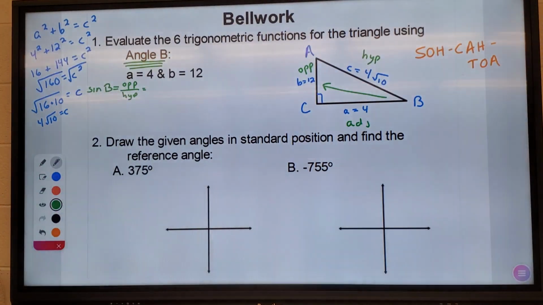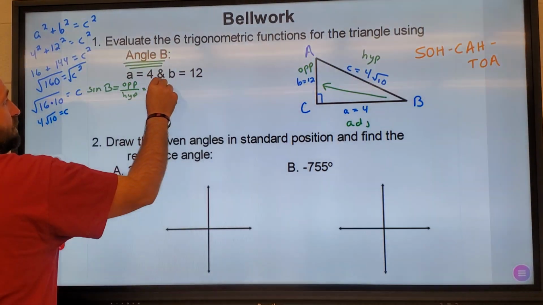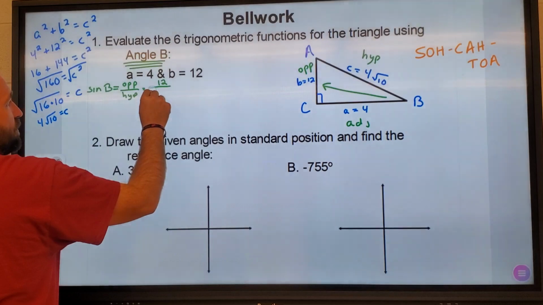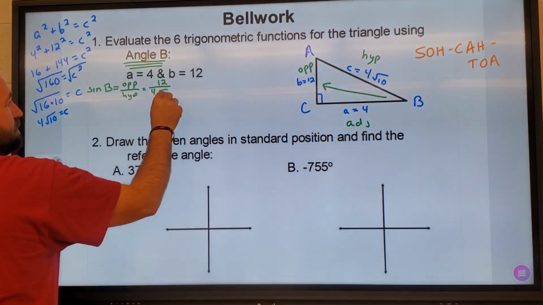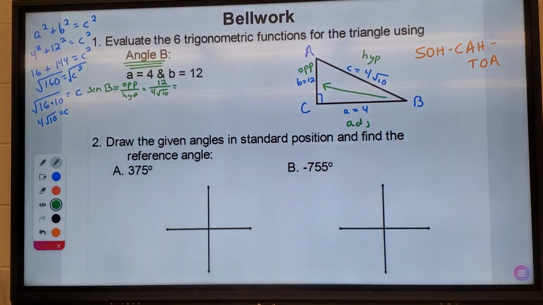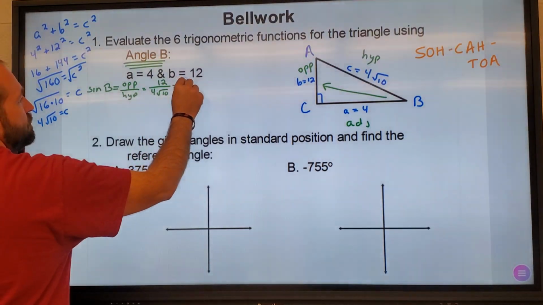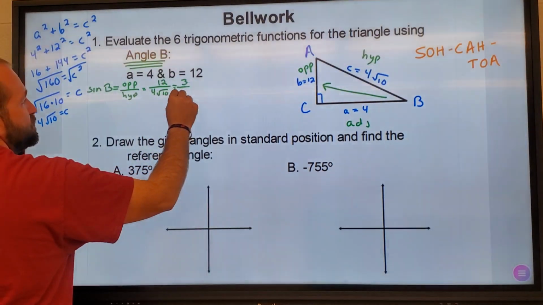And again, looking at my picture here, my diagram, I can see that the opposite is 12 and the hypotenuse is 4 square root of 10. So I have 12 divided by 4 square root of 10. Okay. We can simplify here. 12 divided by 4 can reduce to become 3 over 1. So I have 3 over the square root of 10.